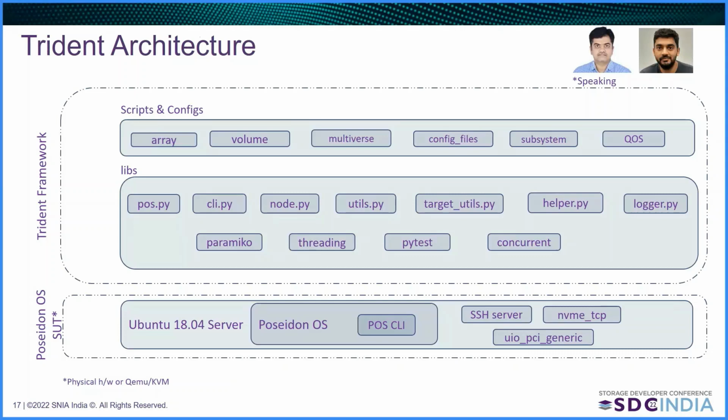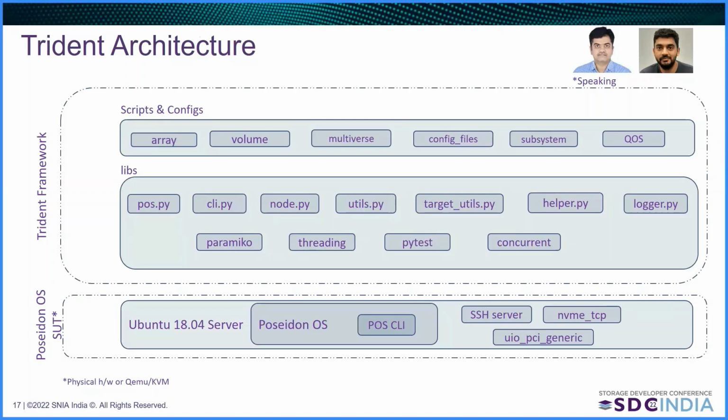One is the system library such as Paramiko, which is a Python module to work with SSH APIs; the threading library to execute IO in parallel; PyTest, which is a test framework which provides multiple features to write effective test cases; and the concurrent module, again to execute IO parallelly. The other modules like POS, CLI, Node, Utils are written to exercise unique APIs.